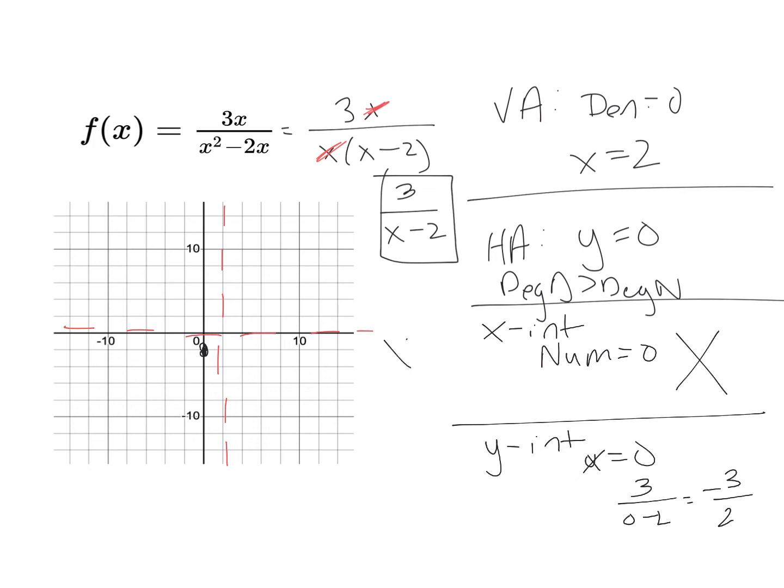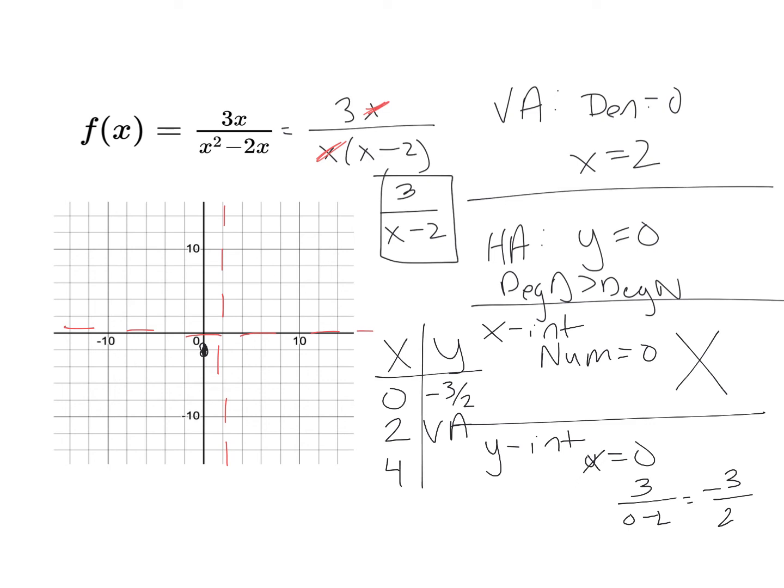And now we just want some more supporting points. Now, good news is, we have a new graph center. Instead of it being 0, 0, it's going to be wherever my vertical asymptote is. I already have a point on the left to support it because I already have my y-intercept here, so that's okay. I just want one more point on the right of this.